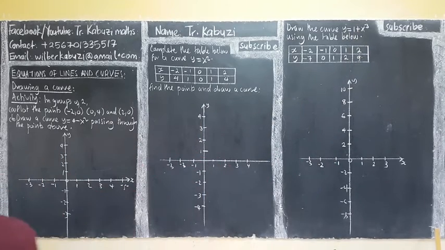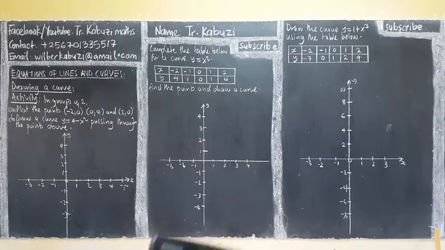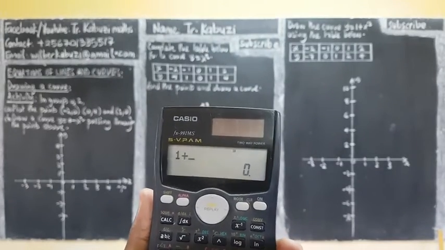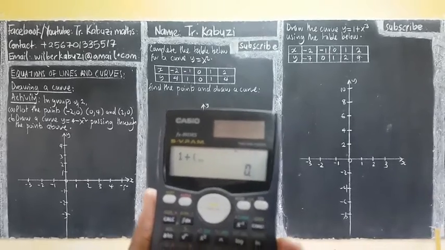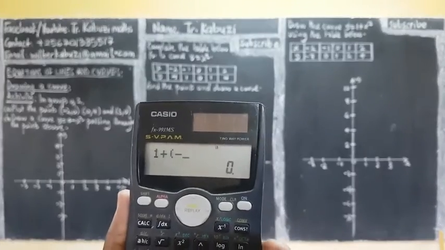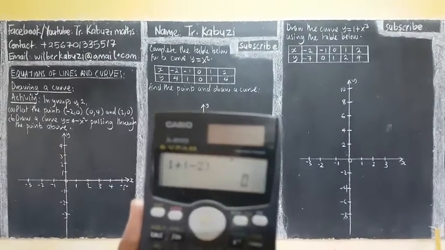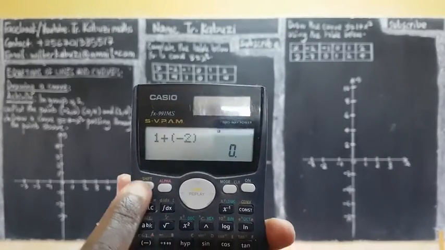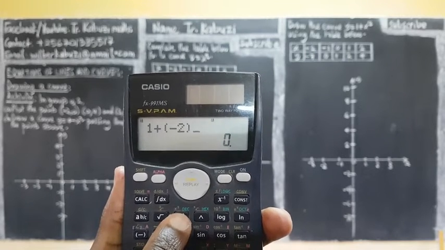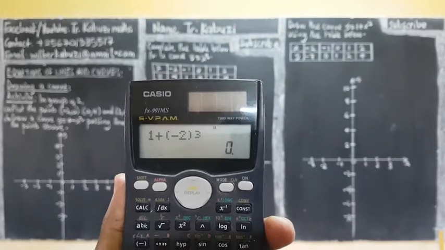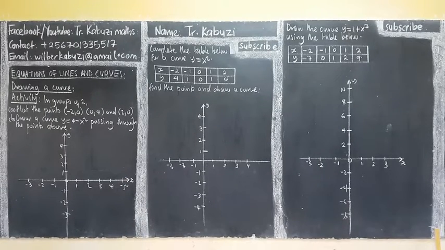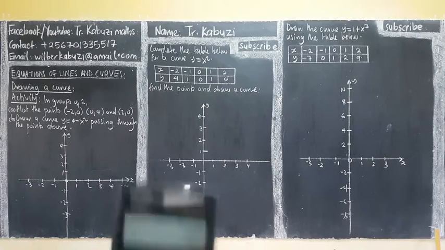I press the right part, which is 1, then plus, I open brackets, then I put the x value, which is -2. Then to press the cube, you press shift and this button up here, and the cube will come. Then I press equals. This is why I'm having -7 there. So that's how we plot that.